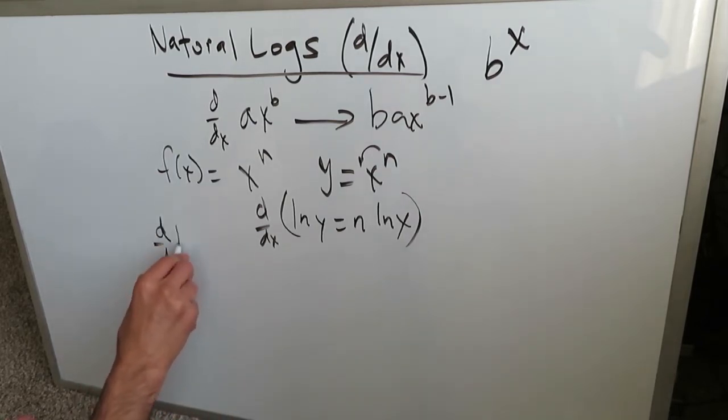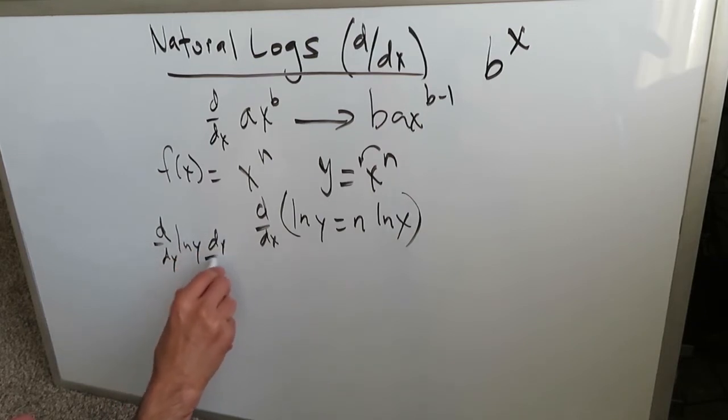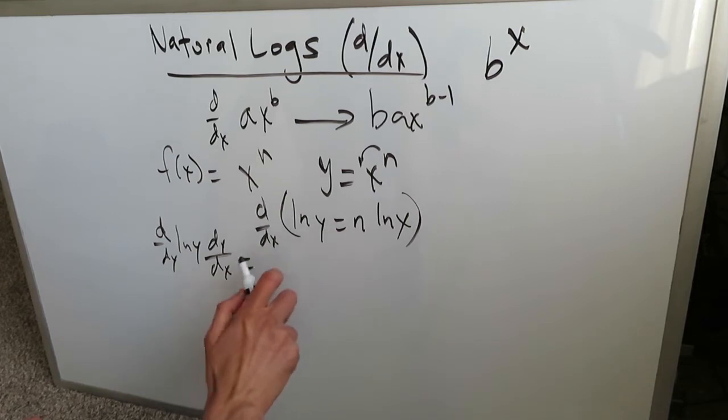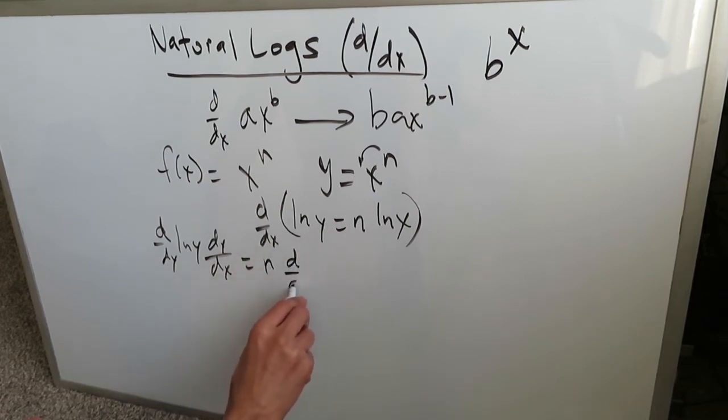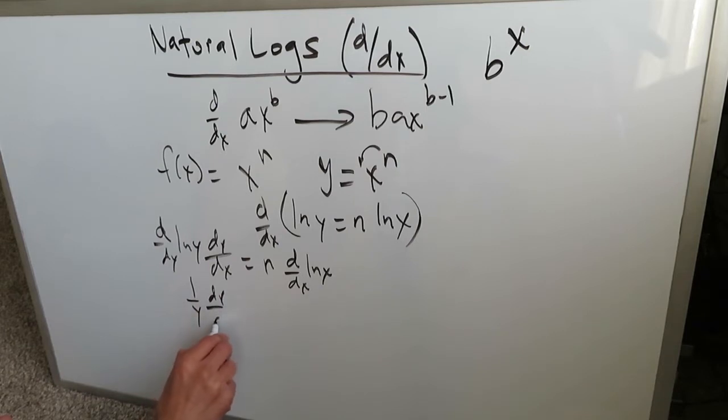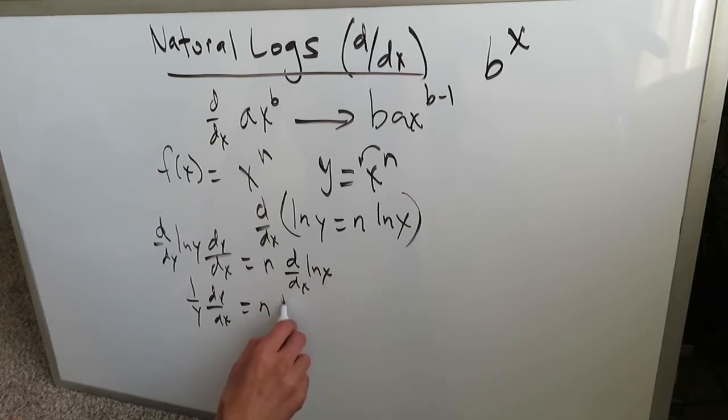The derivative of ln y, with dy with respect to dx, is equal to n, which is basically a coefficient you can push aside, followed by the derivative of your x variable. You know the derivatives of natural logs are always 1 over that variable. You get 1 over y times dy over dx, and you're always solving for dy over dx, equal to n times the derivative of natural log x, which is 1 over x.